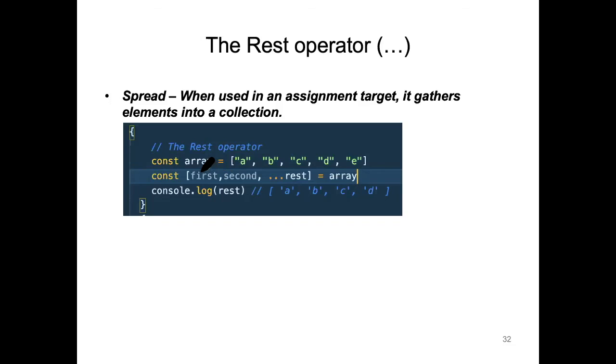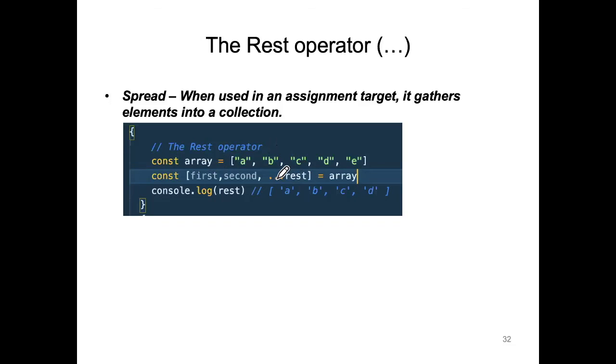Maybe we didn't cover this really, but the effect here is that this is going to declare two variables called first and second. First is going to be assigned A, second is going to be assigned B, and I'm declaring a third variable. I've called it rest, but I could have called it anything.